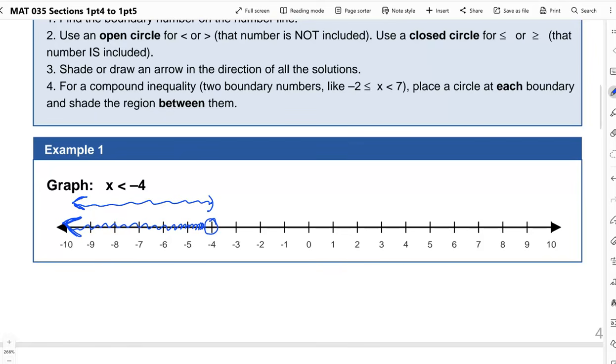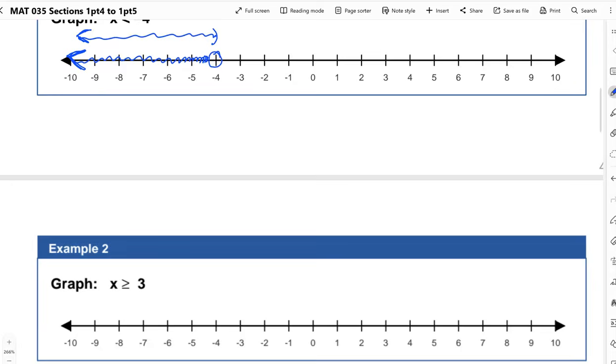If the variable is on the left, the inequality will always point in the direction you need to shade.